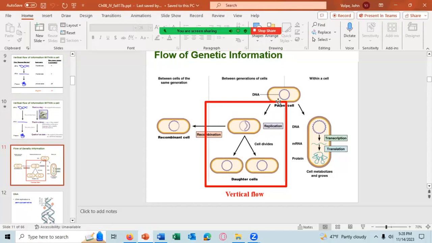That happens through DNA replication. In cells, that happens when the cell divides, but with humans, that would happen in fertilization of the egg and the sperm.